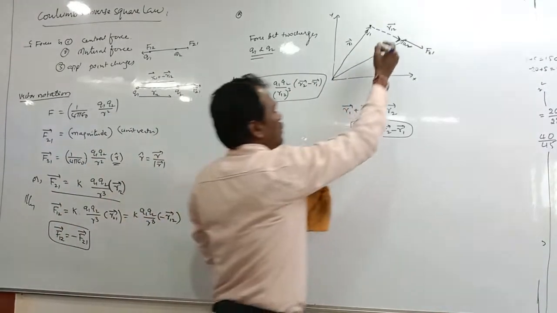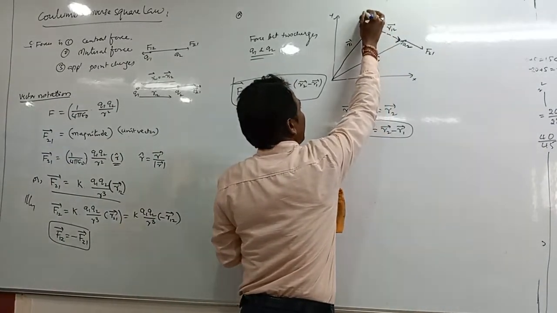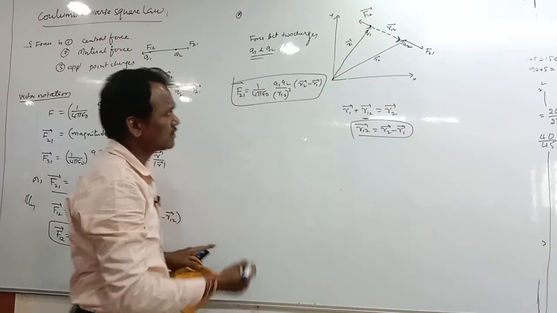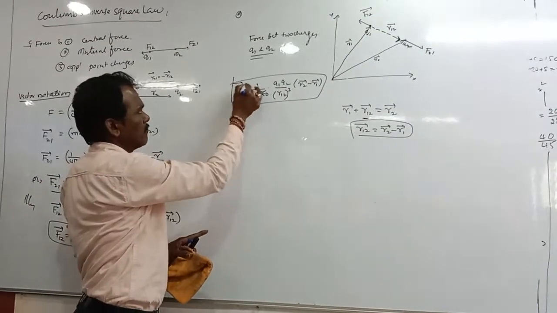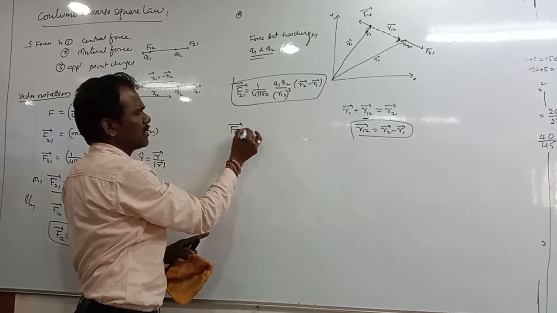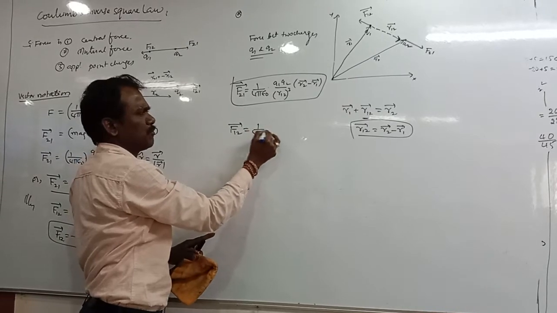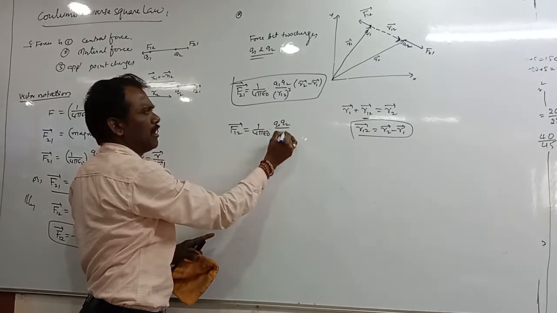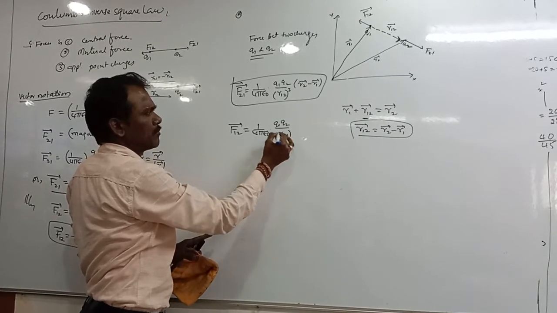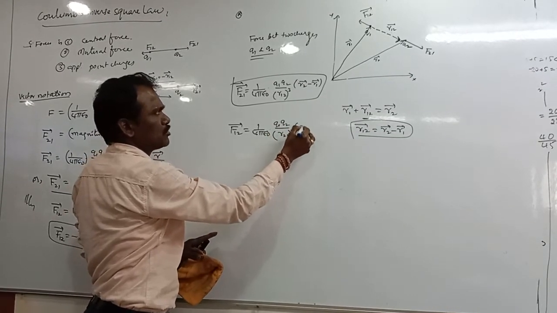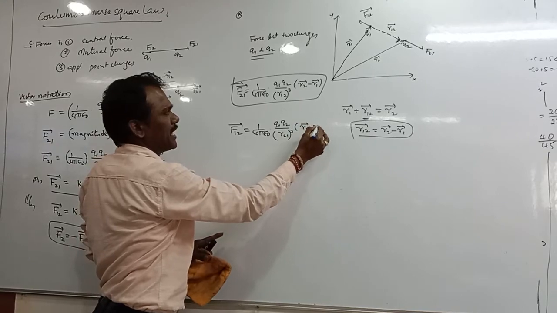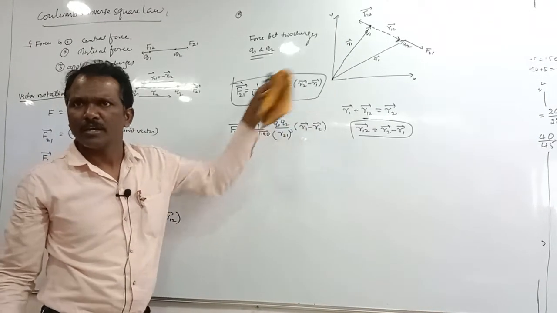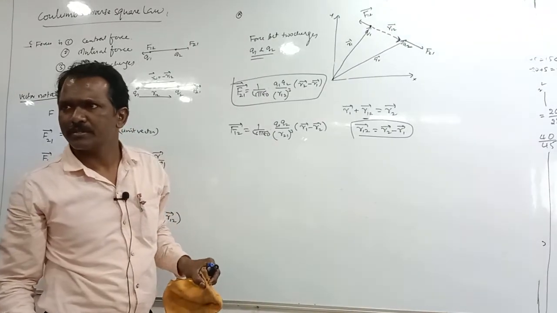And reversely, you can write the force acting on 1 due to 2, right? So F12 bar is equal to 1 by 4 pi epsilon naught into q1 q2 by r21 cube into r1 bar minus r2 bar. Okay, the reverse of that you have to write.